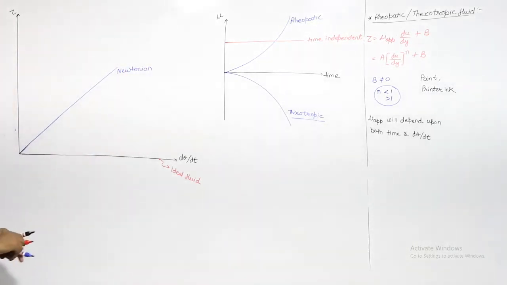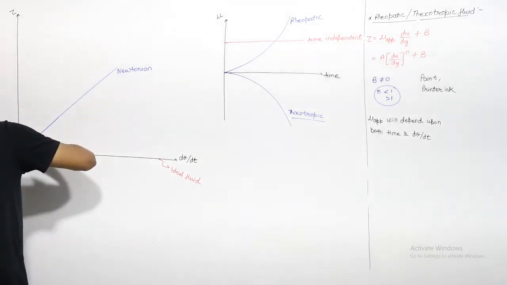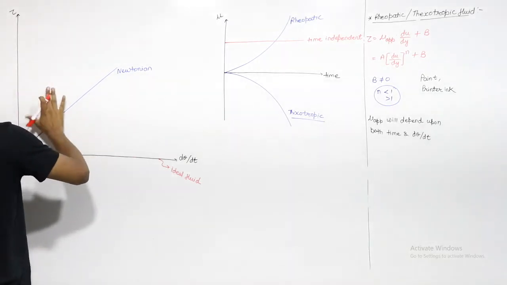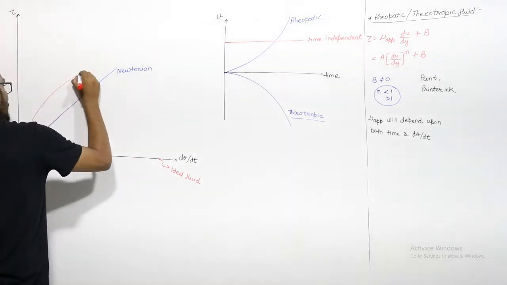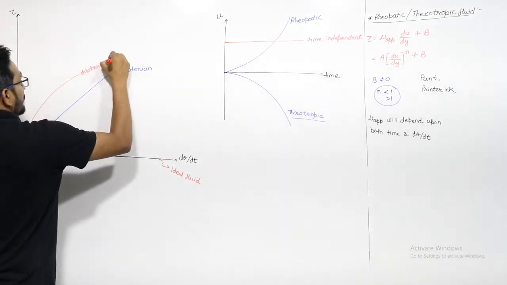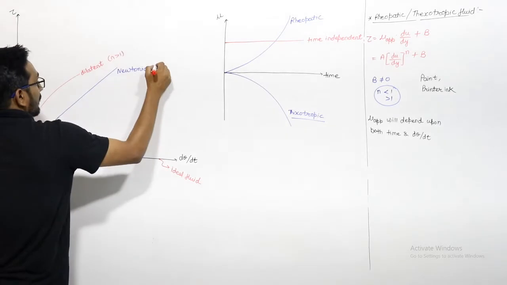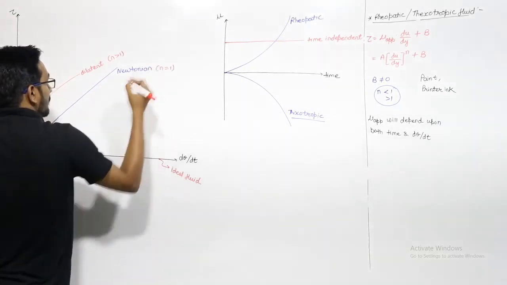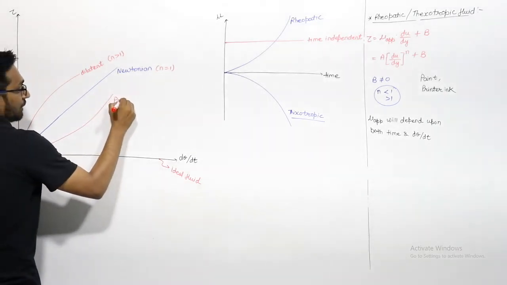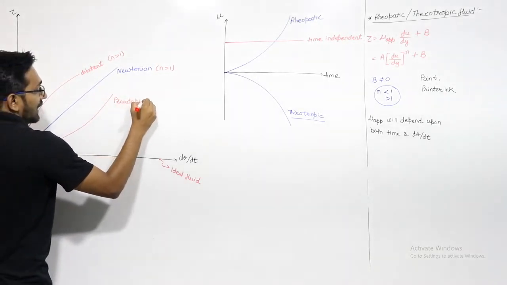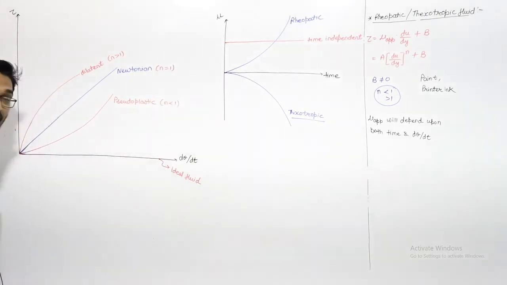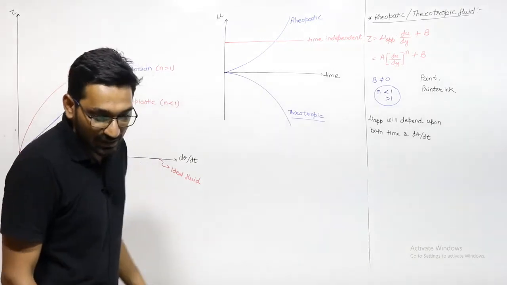Now for non-Newtonian fluids, the first one is dilatant. This type of graph is dilatant, in which the n value is greater than 1. Newtonian means n is equal to 1. This is pseudoplastic, in which the n value is less than 1, a shear thinning fluid.